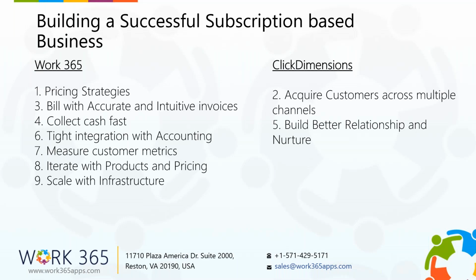And then on the other hand, you have ClickDimensions that allows you to build those relationships and nurture those relationships using the marketing automation capabilities in the application. So, those 9 key criteria that I talked about can quite easily be managed through using Work 365 and ClickDimensions.